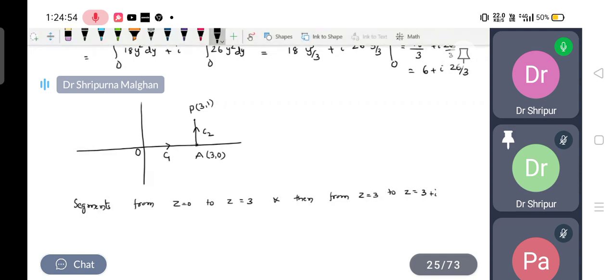This implies that (x, y) varies from (0, 0) to (3, 0), and then from z equal to 3, that is (3, 0) to (3, 1), right?